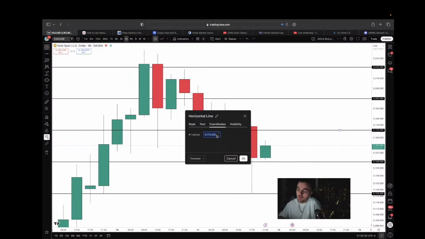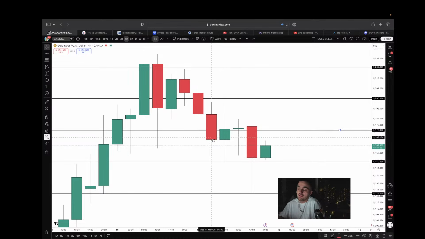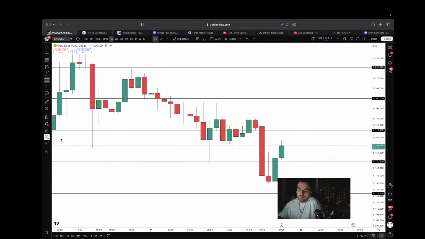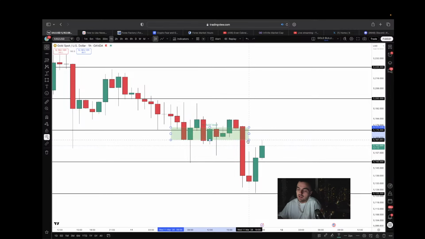If anyone remembers, there was a setup around there, and the market went down lower and hit 51.50. 51.75 wasn't the best area entry, like the 51.75, 51.80 area, 51.70.